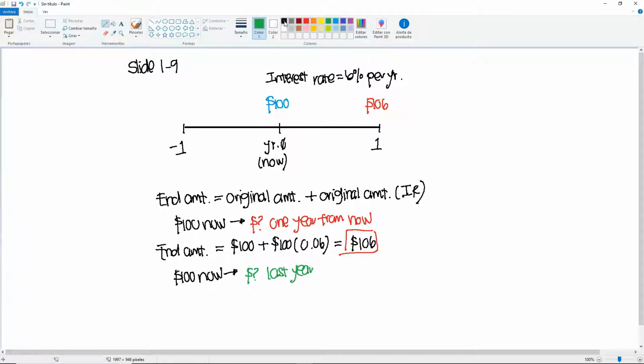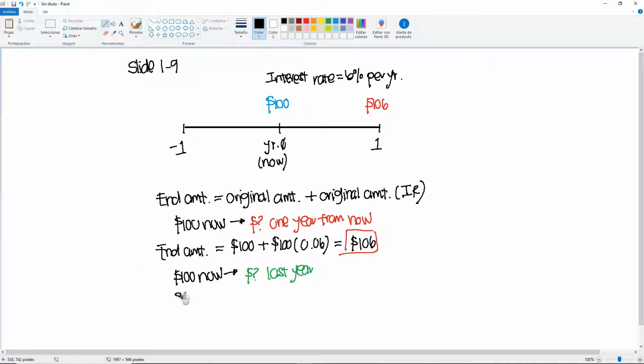Then again, we use the same formula, but we're gonna need to make an adjustment here, because if you look at the diagram, you're gonna see the 100 are, yes, in year 0 now, but we are looking for the amount 1 year before. So these 100 actually become the end amount, and we're gonna be looking for the original amount.